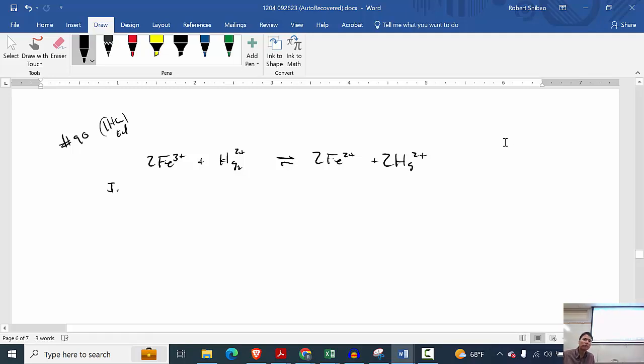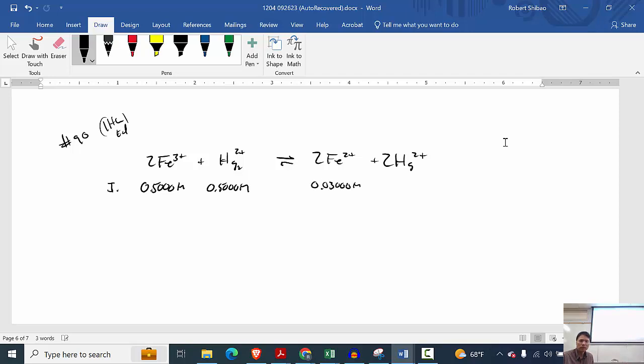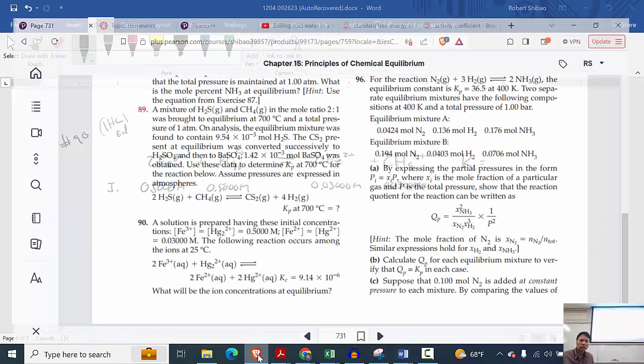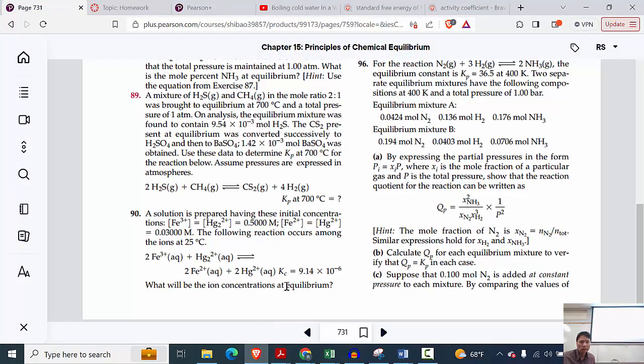It was 0.5 molar for the first two, and 0.03 molar for the last two. Kc is 9.14 times 10 to the minus 6.